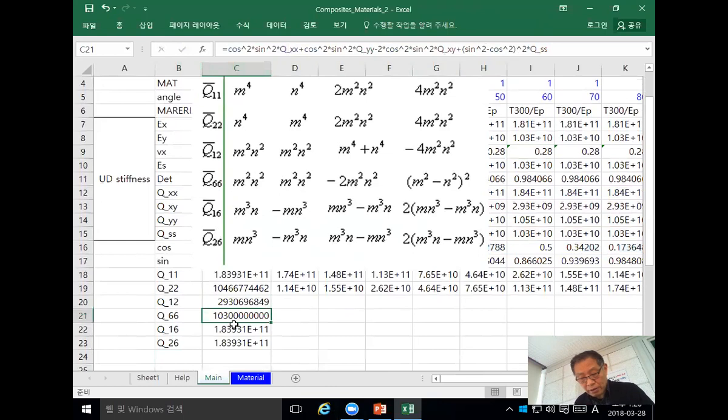And Q16, just copy and paste. And here, wait, cosine is m, right? M is a cosine.